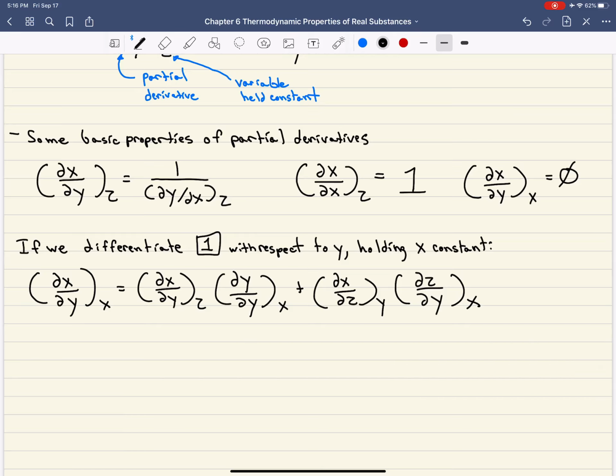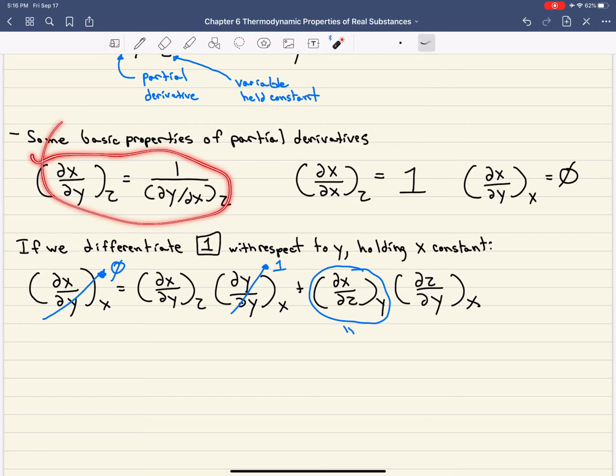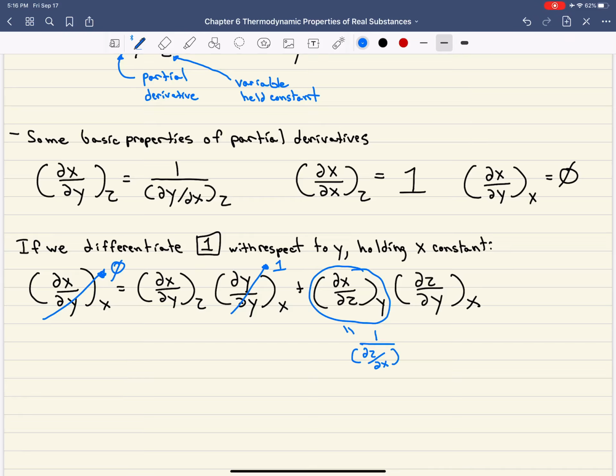Right. And so here, if we look from left to right, we have (∂x/∂y) at constant x. That means that this part is equal to 0. Here we have (∂y/∂y) at constant x. That means that that is equal to 1. Okay? And one other thing that we could do is here we have (∂x/∂z) at constant y. Using this little reciprocal rule that we have, we could also say that this is equal to 1 over (∂z/∂x) at constant y.